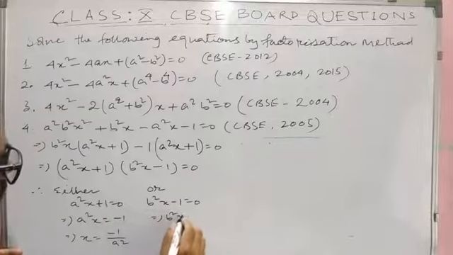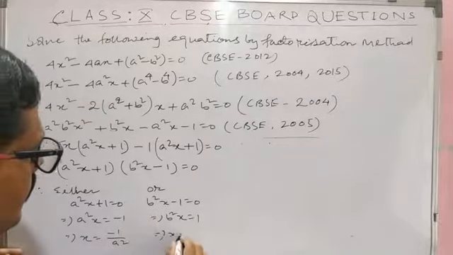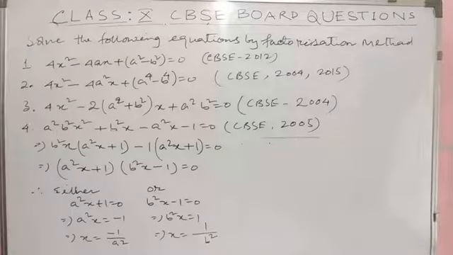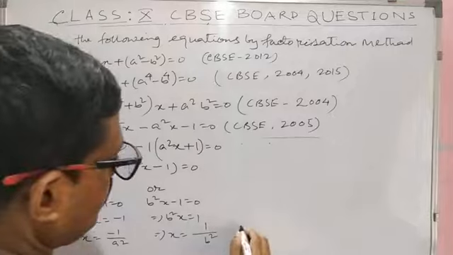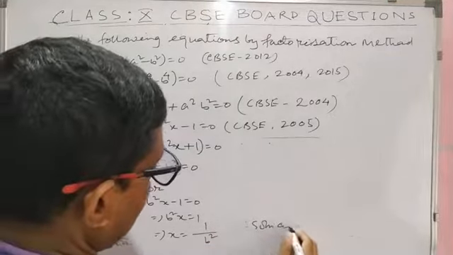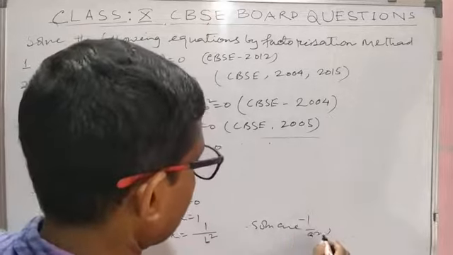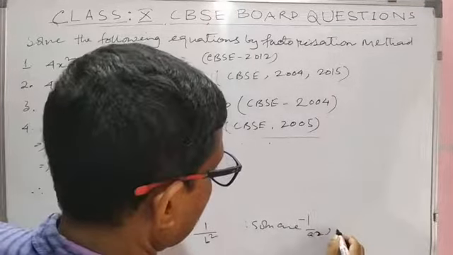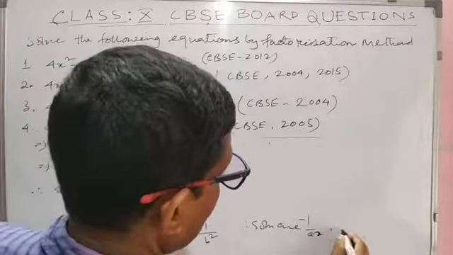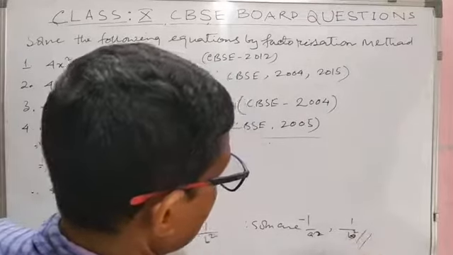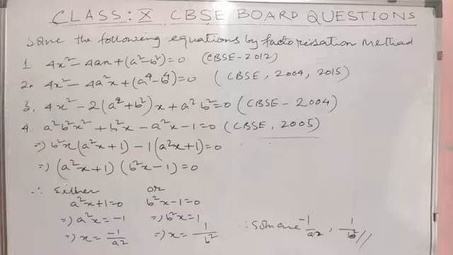This implies that b²x = 1, and this implies that x = 1/b². Therefore the solutions are −1/a², 1/b². These are the solutions.